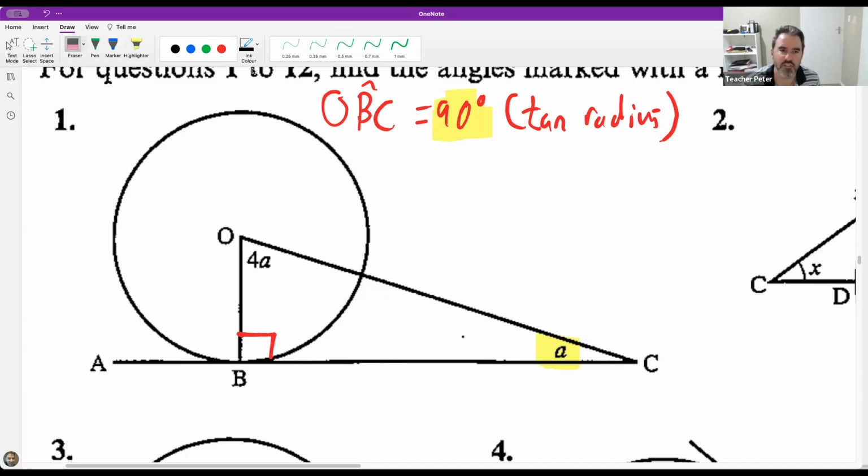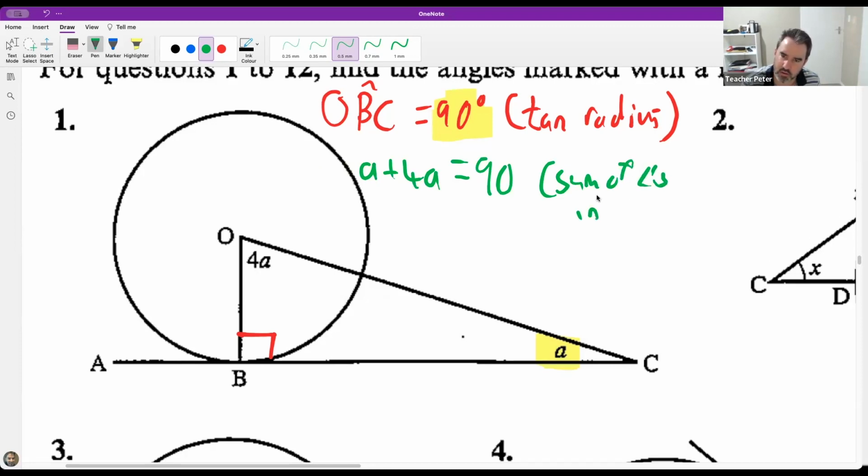So I agree. So even I would just say A plus 4A must equal 90. Would you agree with this? Sum of angles in a triangle. So basically, if this is 90, these two together have to give me 90. And where would you go from there?